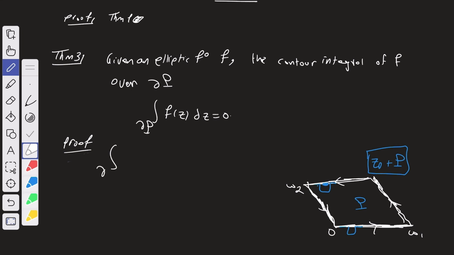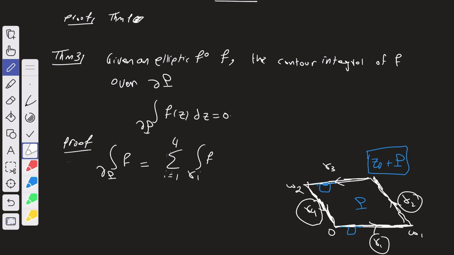Just to clarify, let's call these gamma 1, gamma 2, gamma 3, gamma 4, and the integral over the boundary of the parallelogram is just the sum over i equals 1 to 4 of the integral of f over gamma i. And the integral over gamma 2 cancels the integral over gamma 4, and the integral over gamma 1 cancels the integral over gamma 3, and this will be 0.